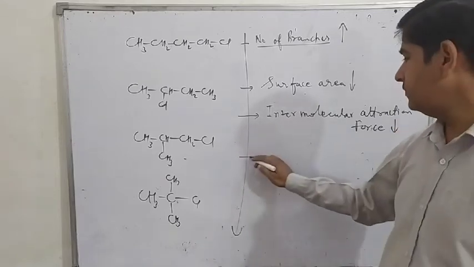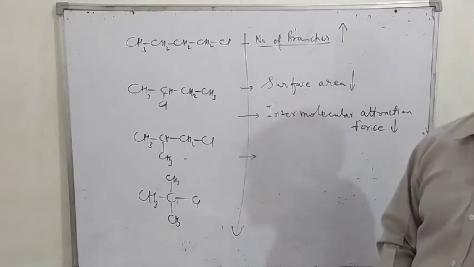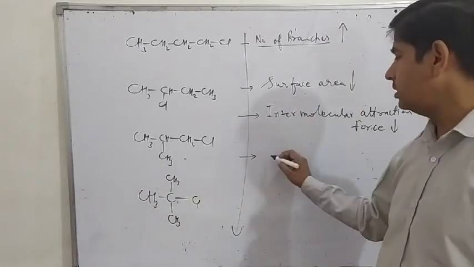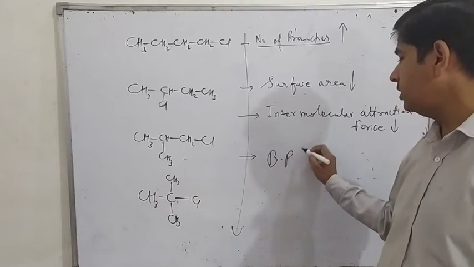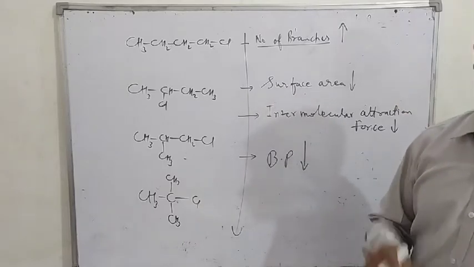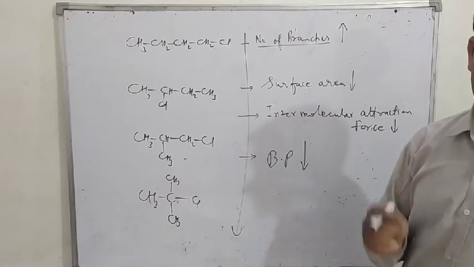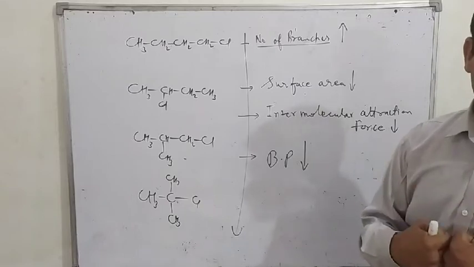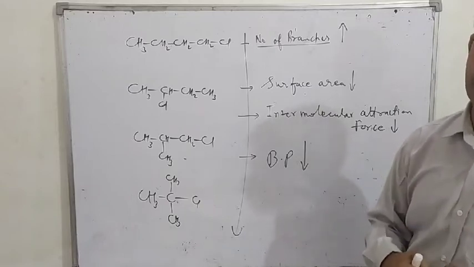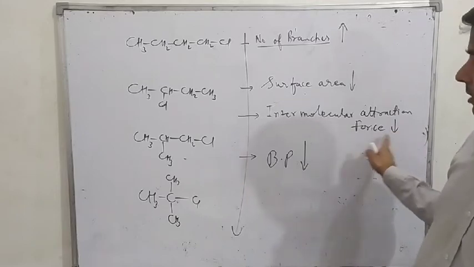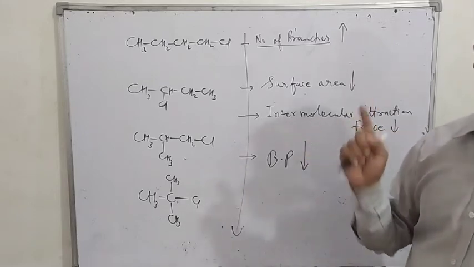Okay, so if the intermolecular attraction force is decreasing, consequently the boiling point will also decrease, because boiling point is directly proportional to intermolecular attraction force. Greater the intermolecular attraction force, more will be the boiling point. So here the intermolecular attraction force is decreasing, the boiling point will also decrease.